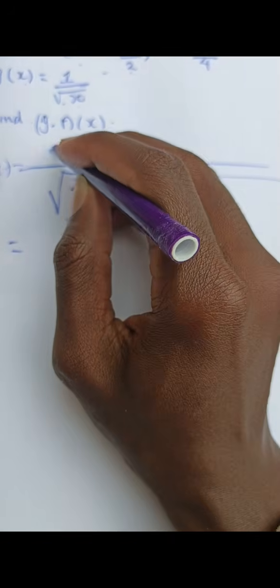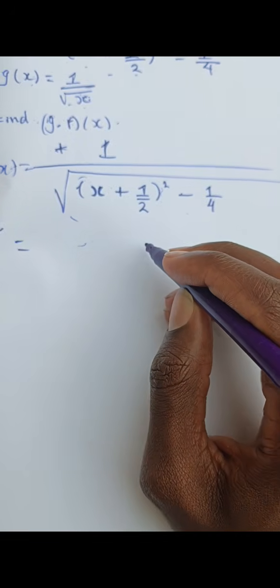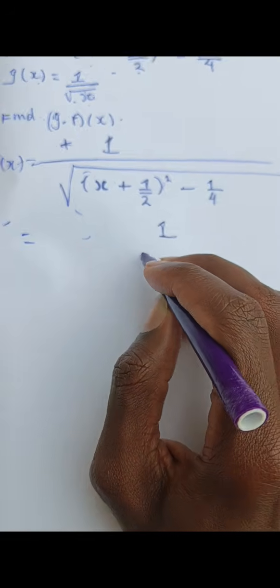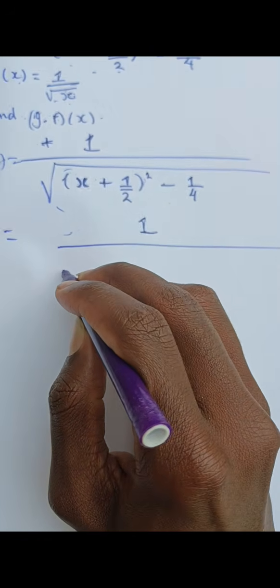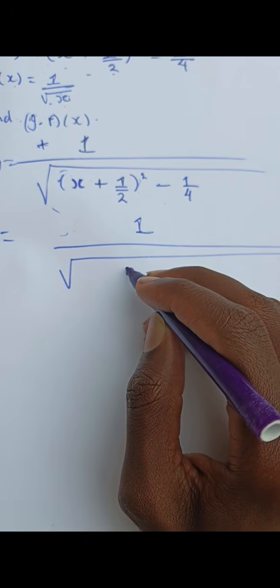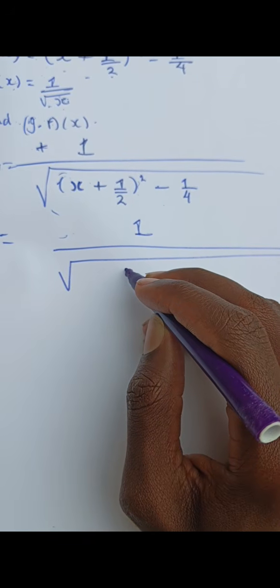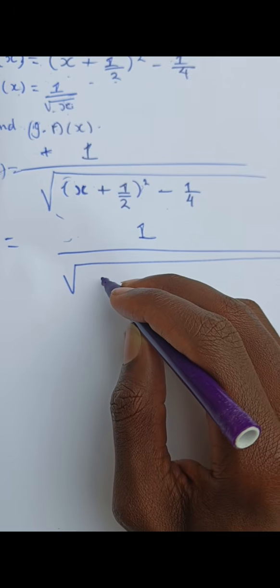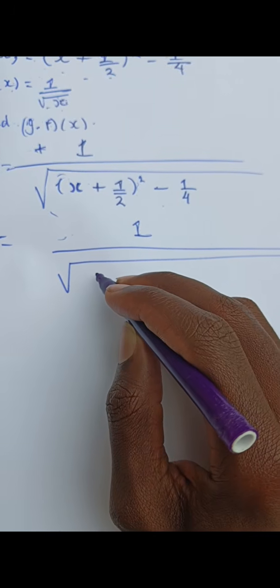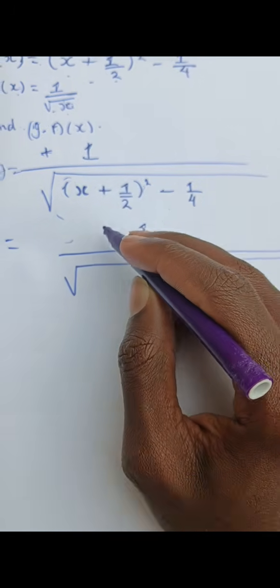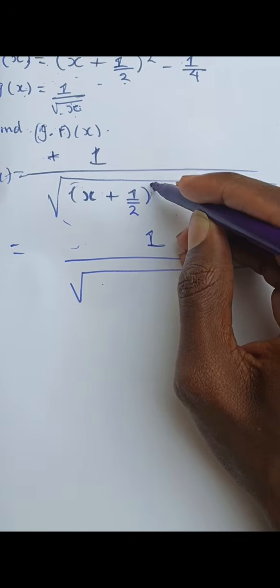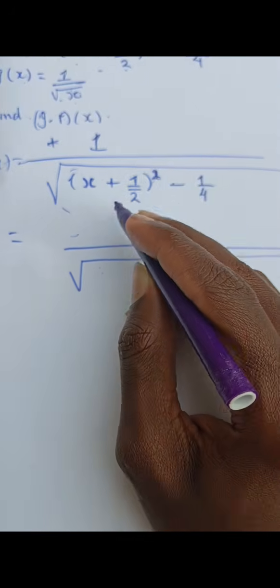So this is not negative, guys. I don't know how I wrote that. So we have 1 over square root. Let's expand this. This is actually power 2, in case maybe you haven't seen. So we're going to expand this.